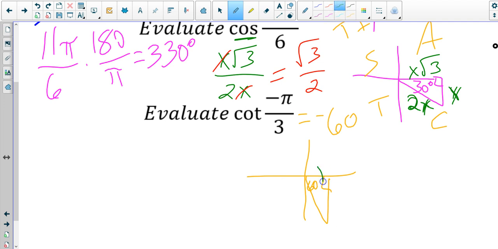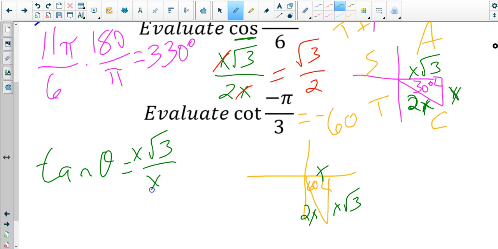Opposite of the 30 degrees is x, our hypotenuse is 2x, and our other leg is x times the square root of 3. Now the tangent of that angle would be equal to opposite over adjacent, so that would be x square root of 3 over x.